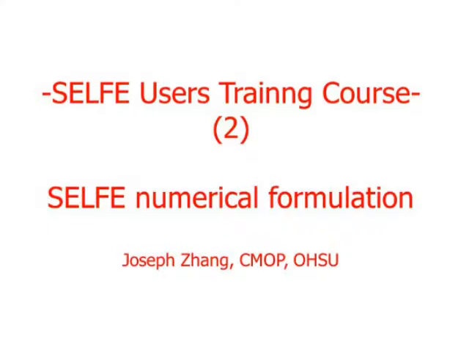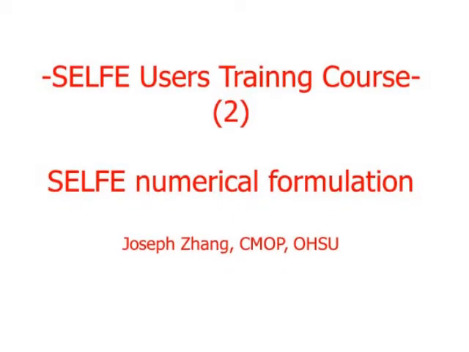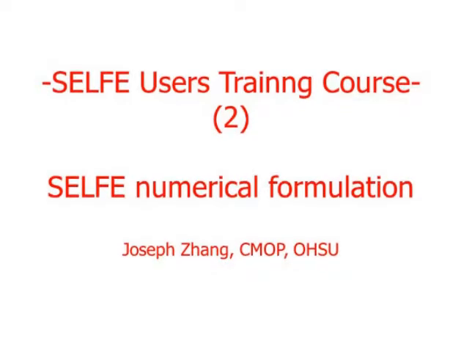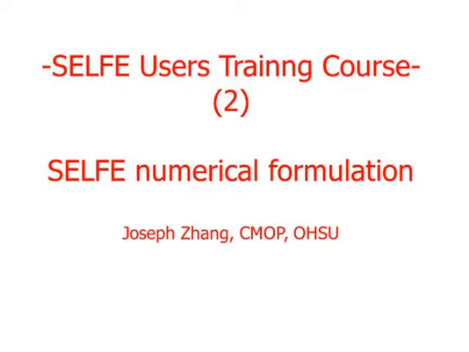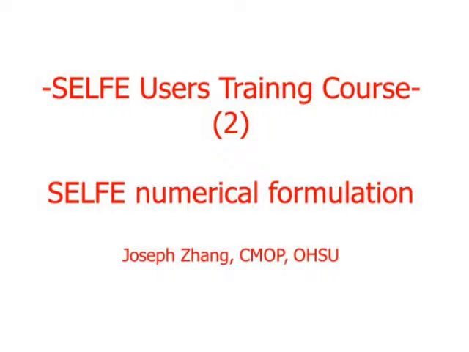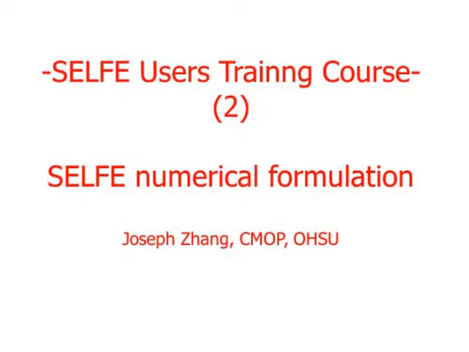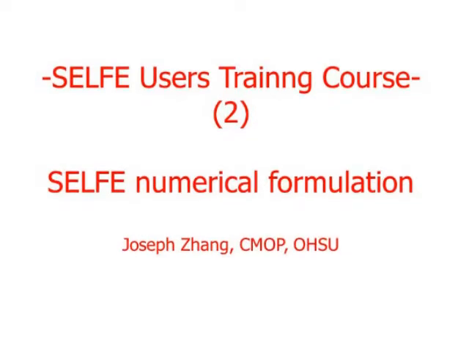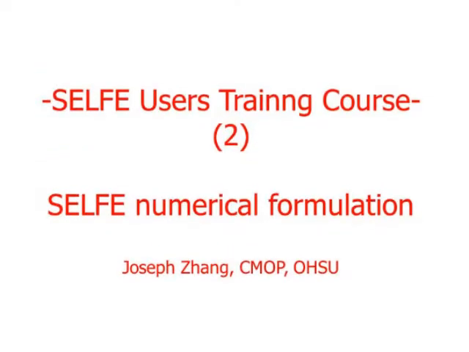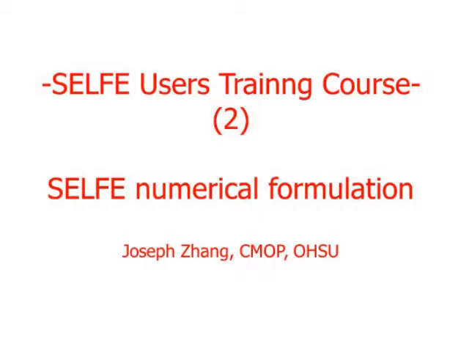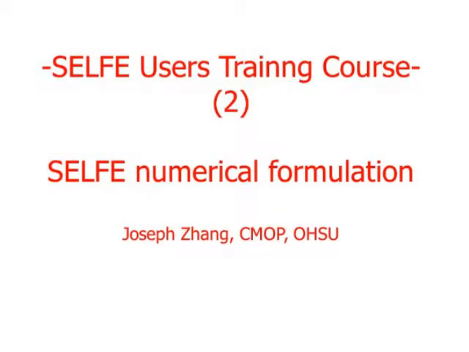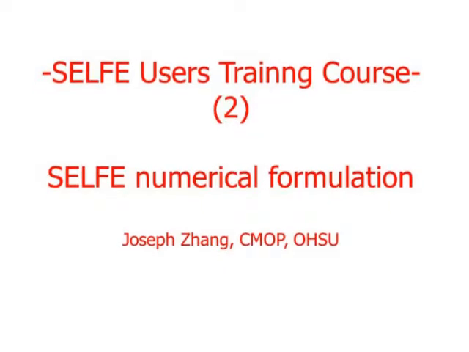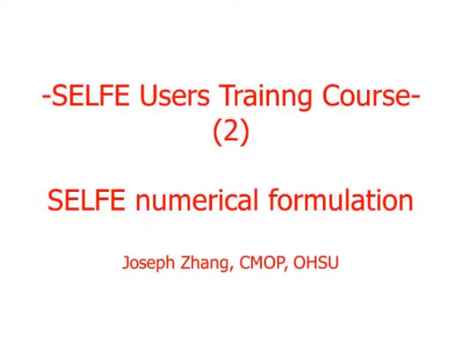I forgot to mention that for pure Eulerian methods, if you use an Eulerian method to approximate the advection term, this total derivative term, then you are usually constrained by the so-called Courant number condition, which simply put means that within each time step, the signal cannot travel beyond one element.